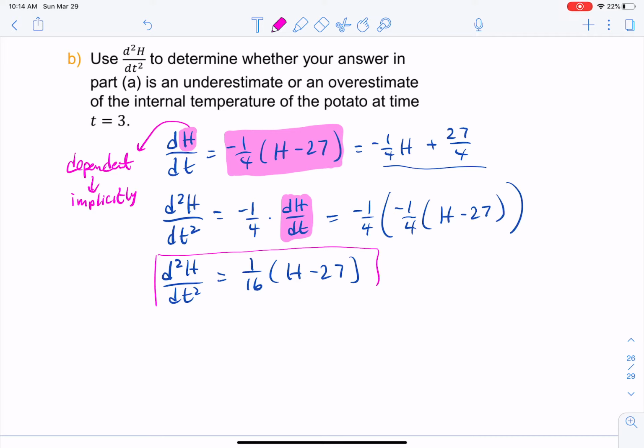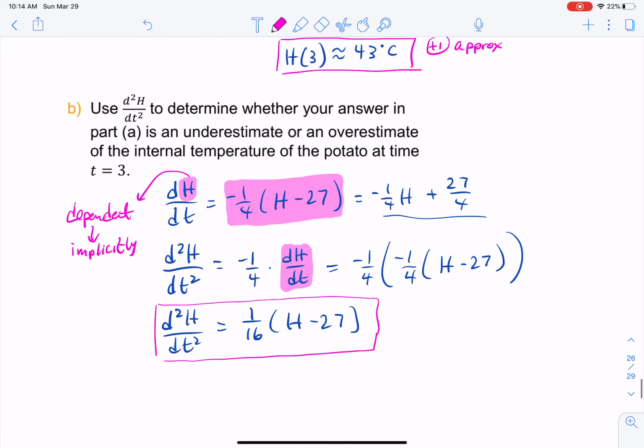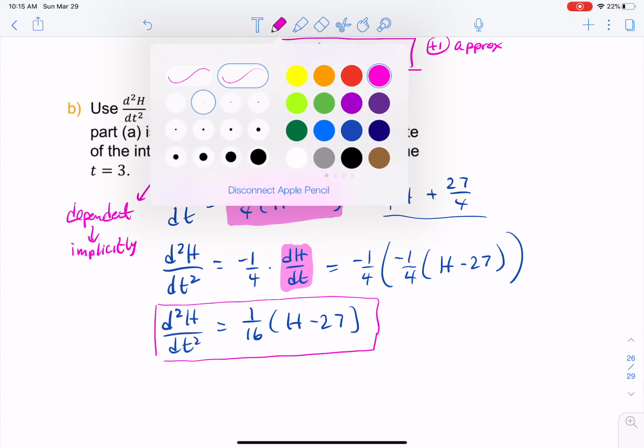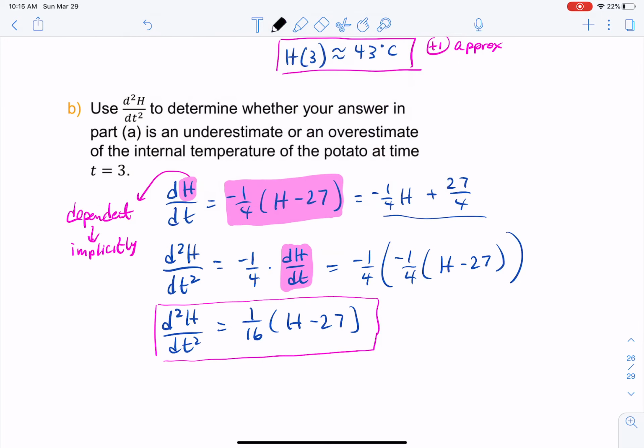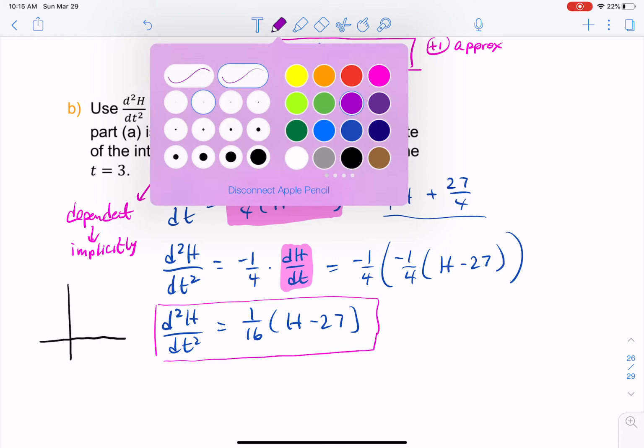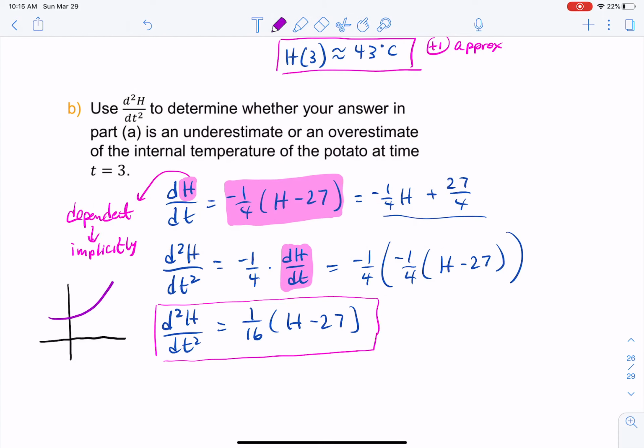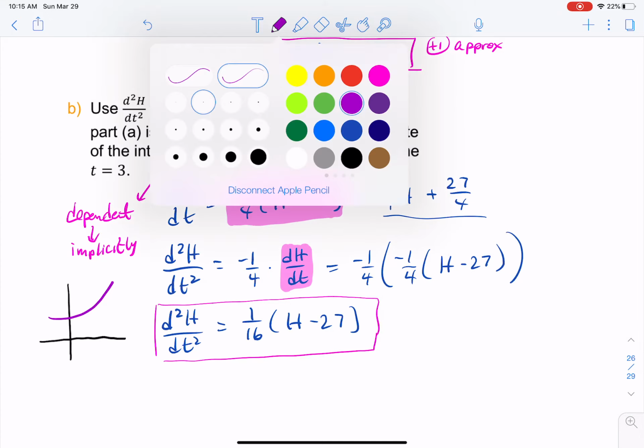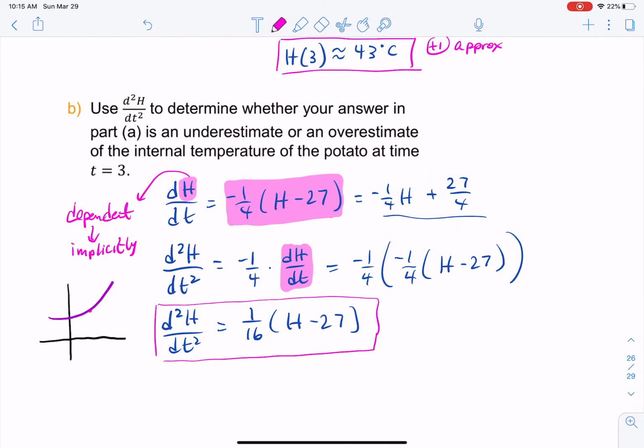And then we're supposed to be able to use this to determine whether we made an over or under approximation. Well, we used a tangent line. When you use a tangent line, let's say that we have ourselves a graph that looks sort of like this. And then I'm approximating the value of our function with a tangent line. So let's say our point of tangency is right here.